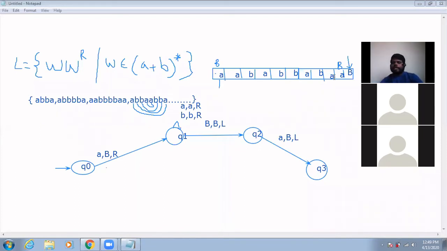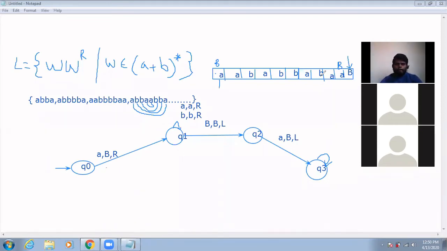This A I have replaced with blank, and the last A I have replaced with blank. While moving left, you may also encounter any number of A's and any number of B's. That's why you need to draw step by step. In this transition, you may get any number of A's, any number of B's, and you have to move left only.